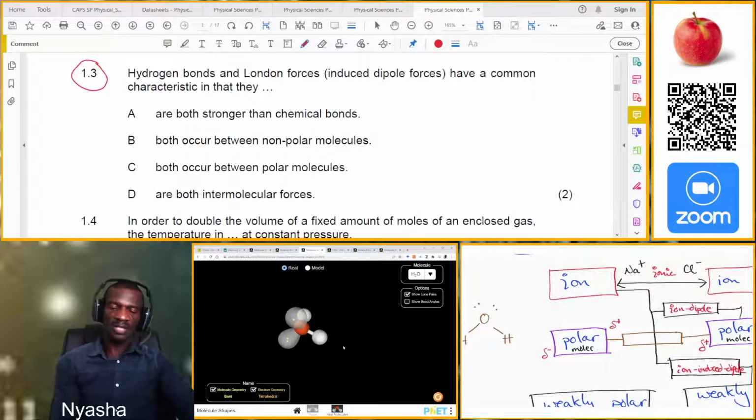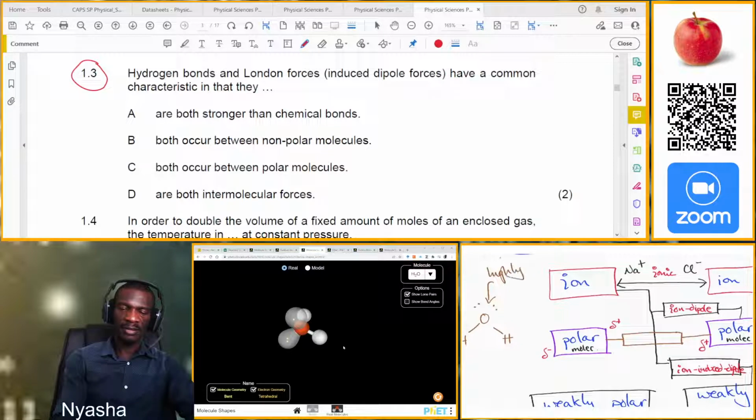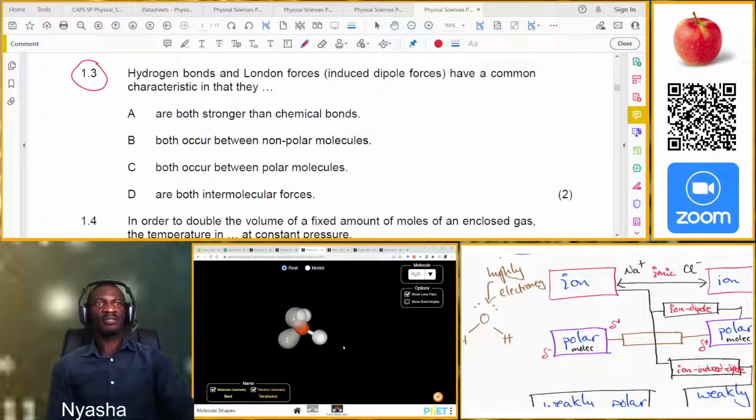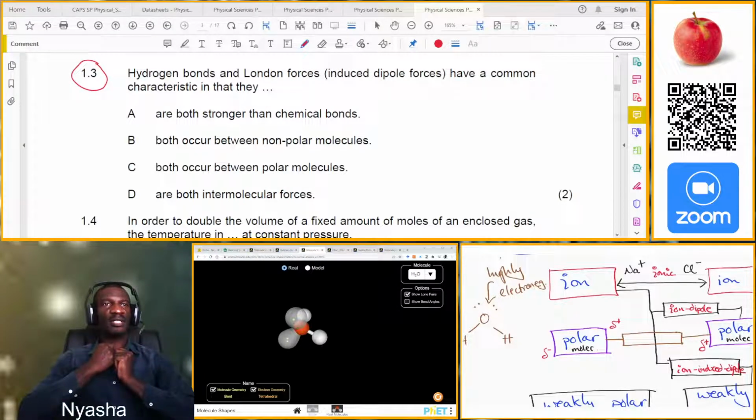Oxygen is highly electronegative. Do you notice that, because it is highly electronegative, oxygen is pulling all the bonding electrons to it?